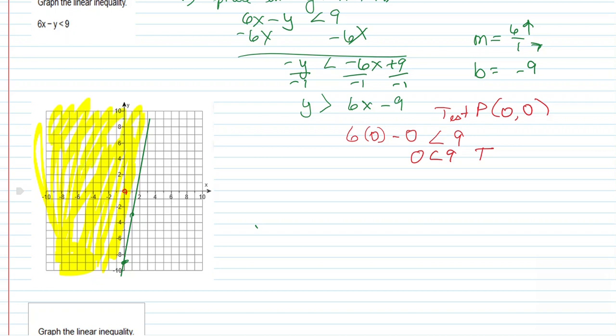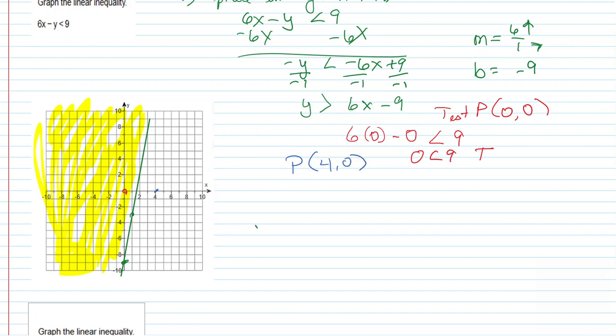I'm going to do a test point again, and this time I'm going to use this one. I'm going to do the point 4 and 0. All right, my pen is trying not to write for some reason. My screen must be tired.